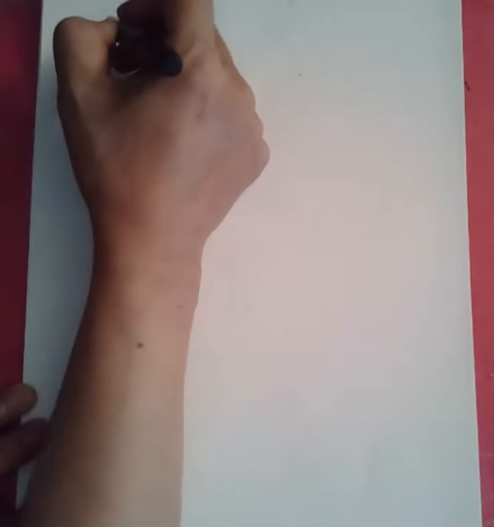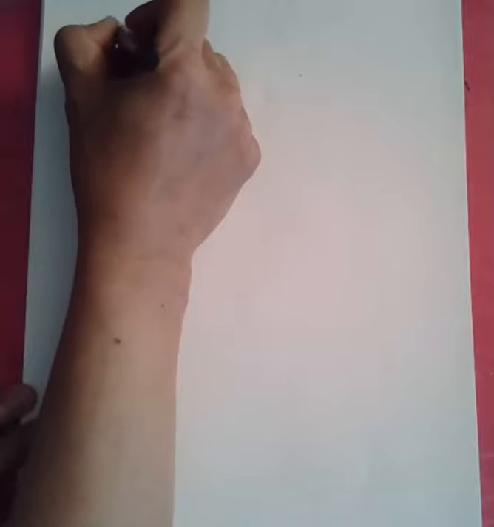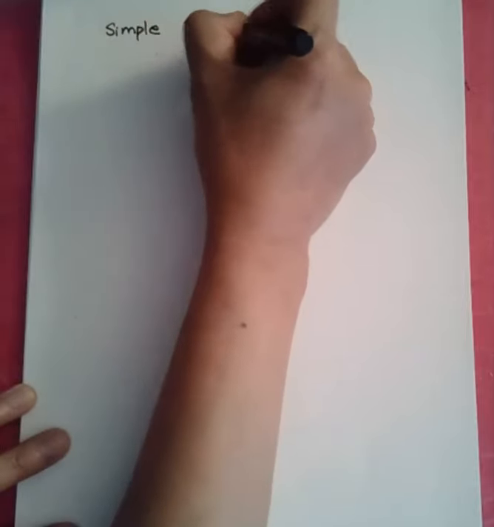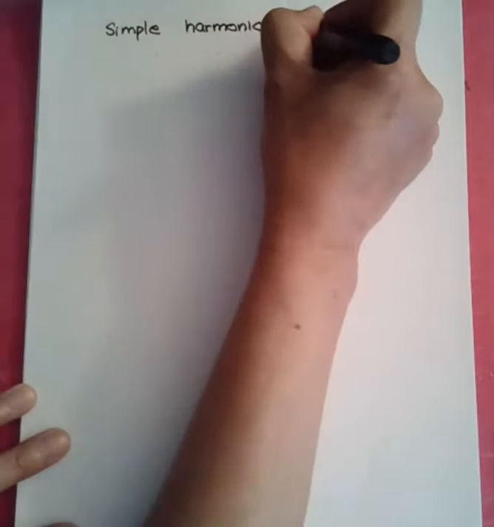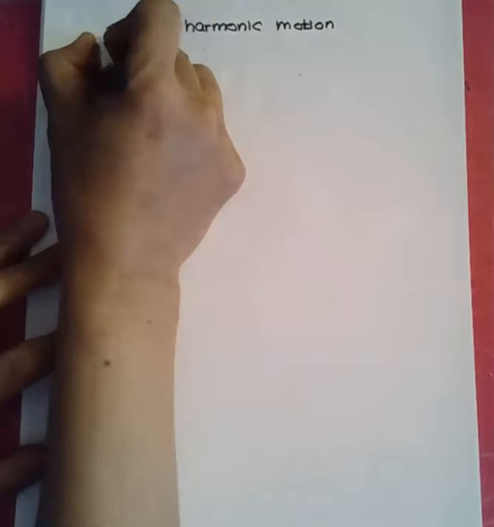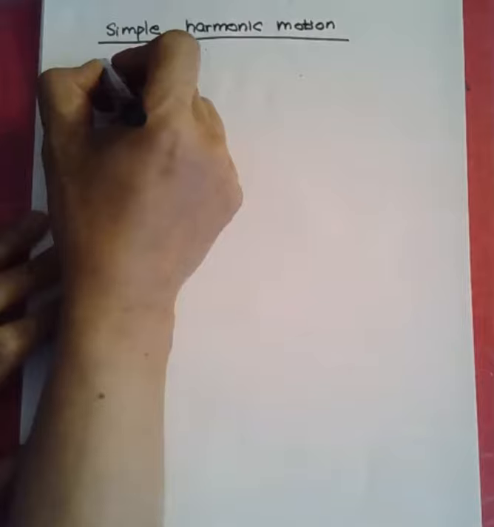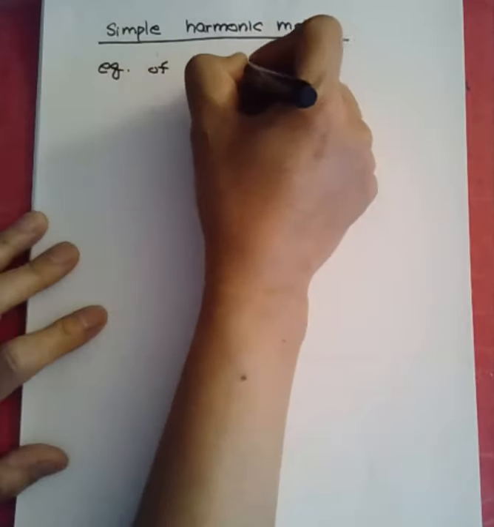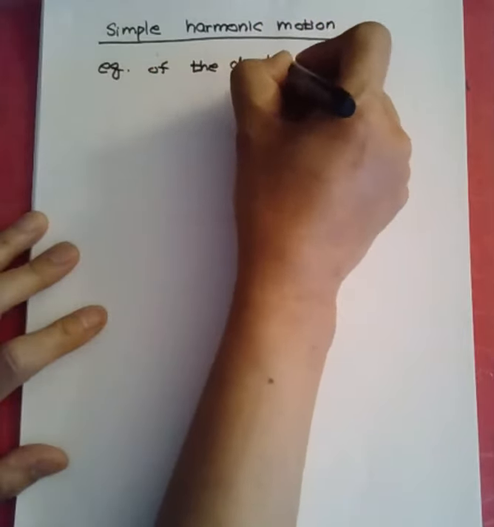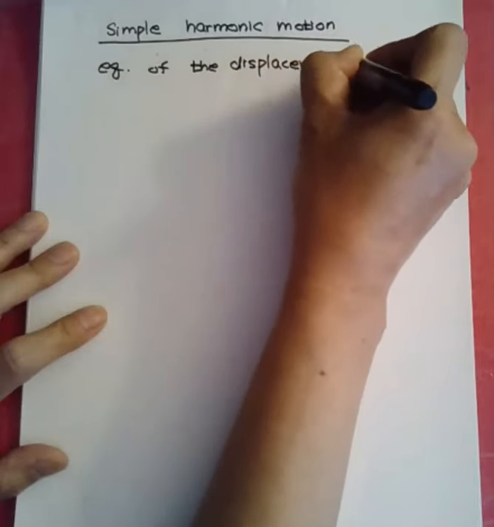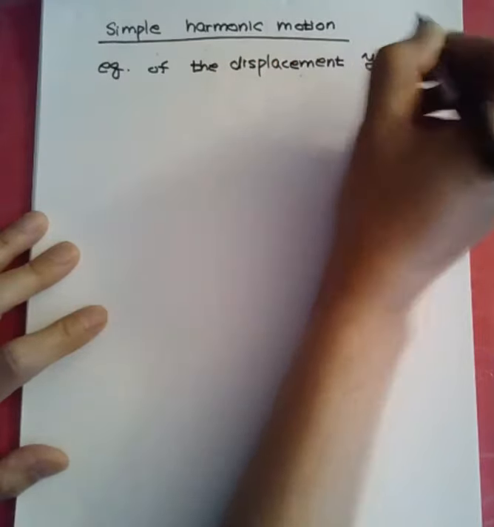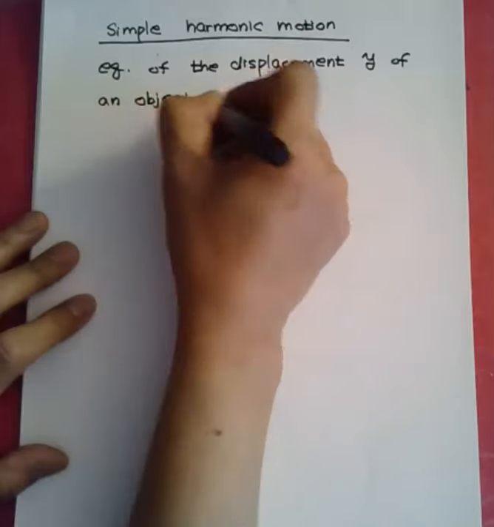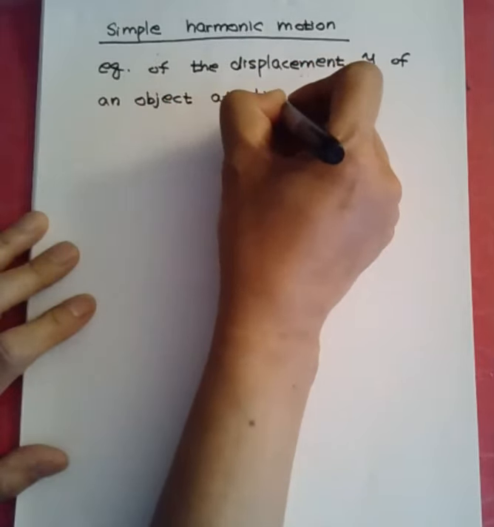Let me state more formally about simple harmonic motion. Simple harmonic motion is the equation of the displacement y of an object at time t.